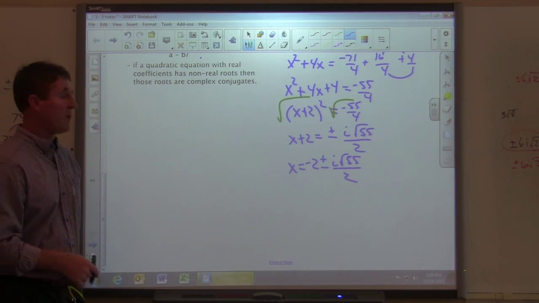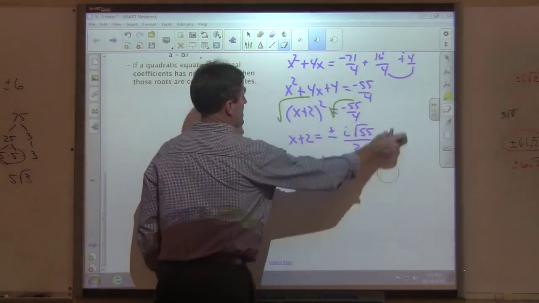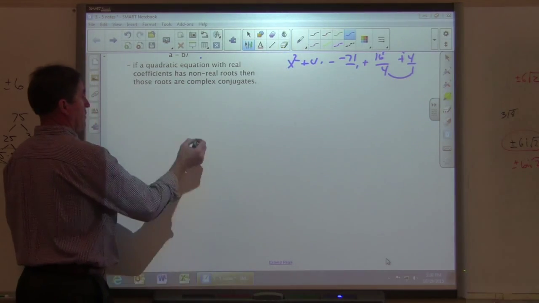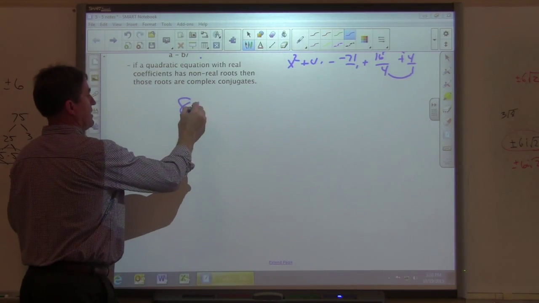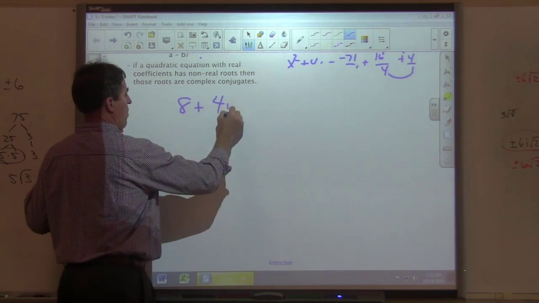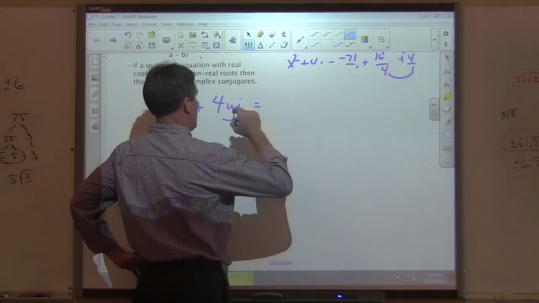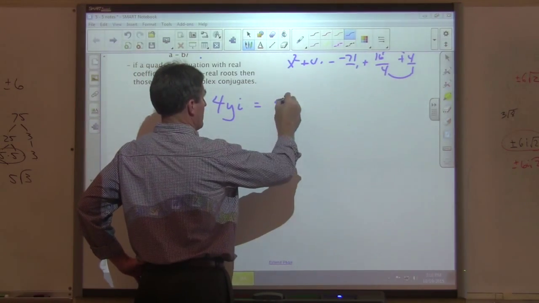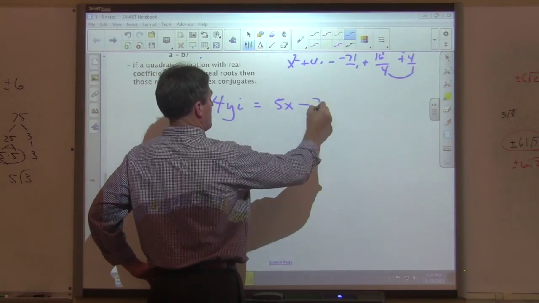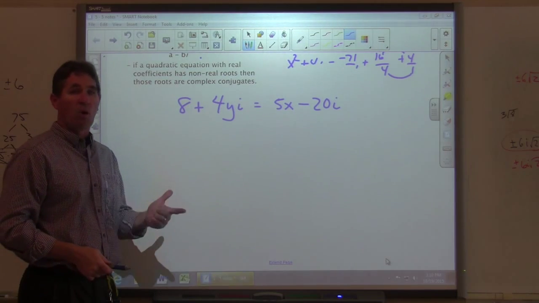Now there's one other part of the assignment that you're going to have to do, and that is they're going to give you problems like this. 8 plus, let's say, 4yi equals 5x minus 20i. And they're going to ask you to solve for x and y.